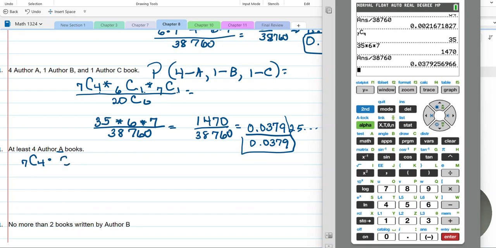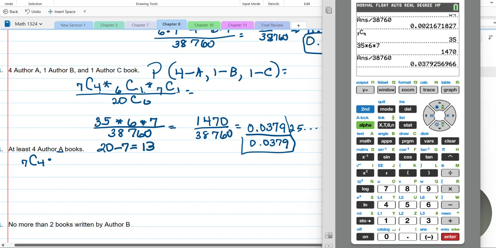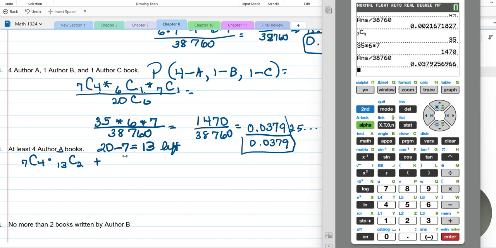All right, so we're going to lump everything else. Okay, now let me explain that. We have 20 total, and we're taking out 7. That's 13 left. All right, so that would be 13, choose, and then we're doing 6, so that's 2. Plus 7, choose 5.